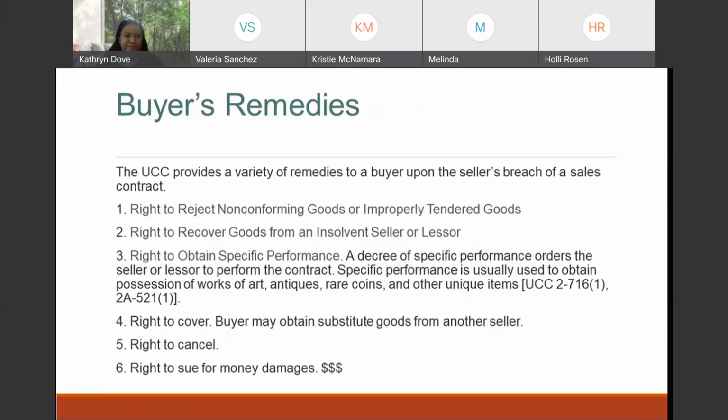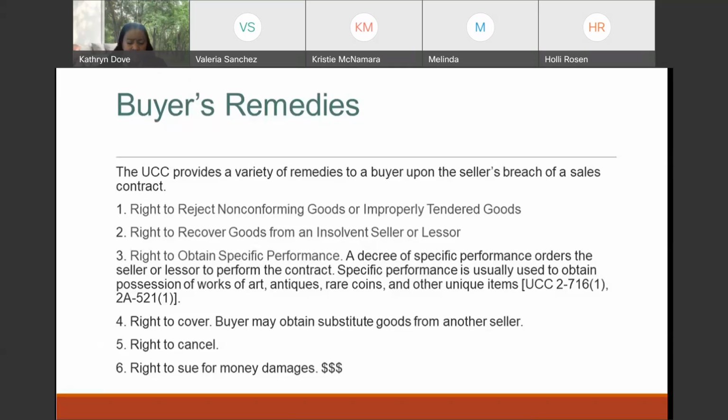Okay, let's get back to the buyer's remedies. The UCC provides a variety of remedies to the buyer upon the seller's breach of contract, and you want to know these for the quiz. I think there's a quiz in Module 3. So you'll want to study this slide very carefully, and it's a summary of some of the things we've already talked about, plus additional remedies.